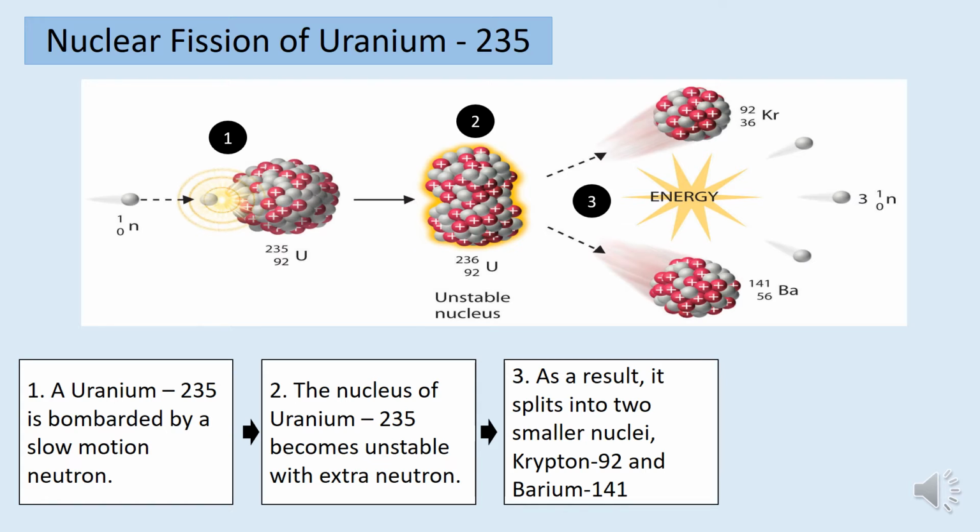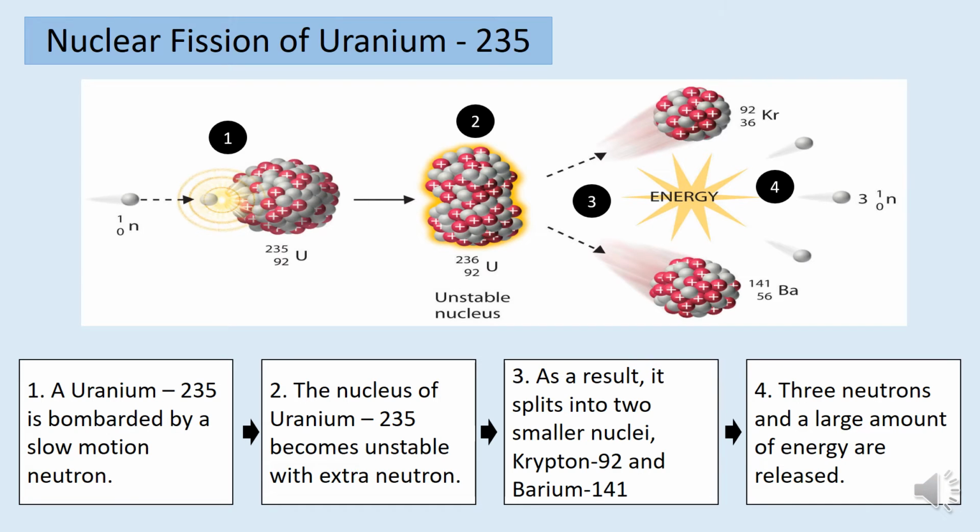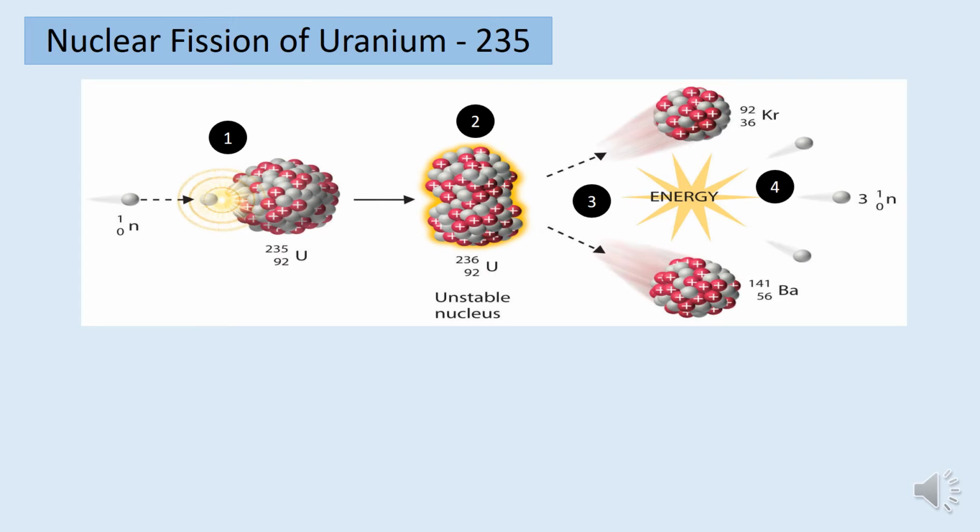As a result, it splits into two smaller nuclei, which are krypton-92 and barium-141. And at the end, 3 neutrons and a large amount of energy are released. This nuclear reaction of uranium-235 can be represented by the equation as follows.